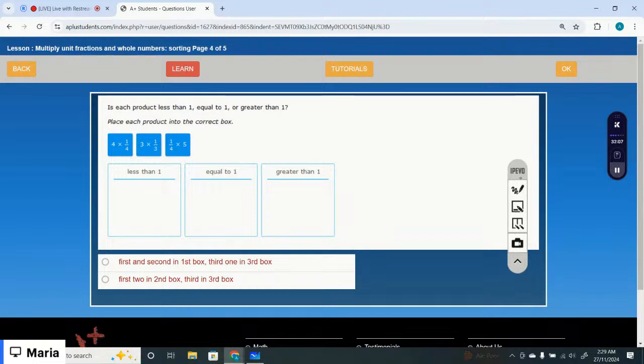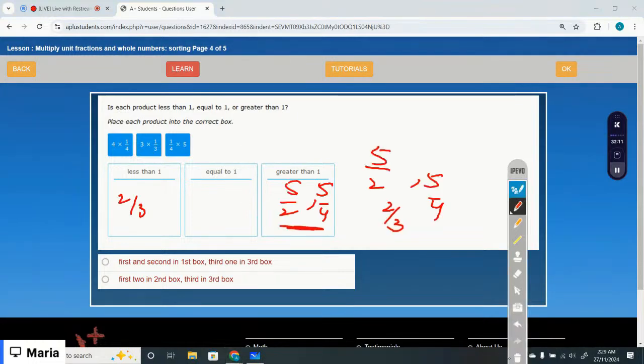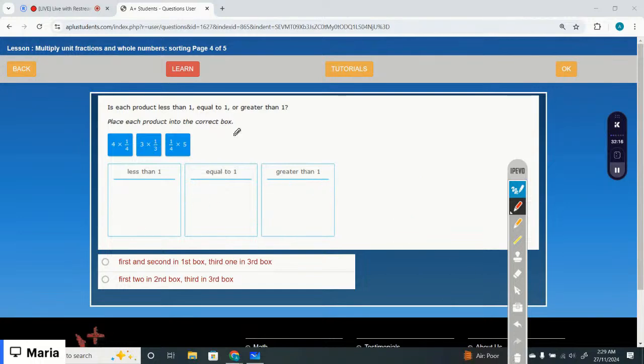4 times 1 by 4 makes 1. So that is equal to 1. 3 times 1 by 3 makes 1. That is equal to 1. And 5 times 1 by 4 makes 5 by 4, which is greater than 1.